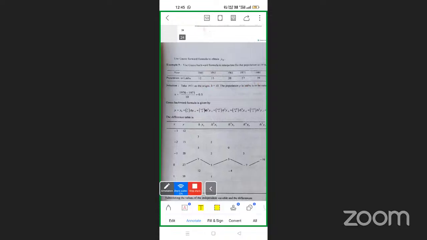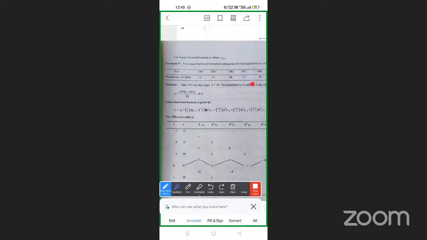Same here also, x is equal to x minus x naught by h.